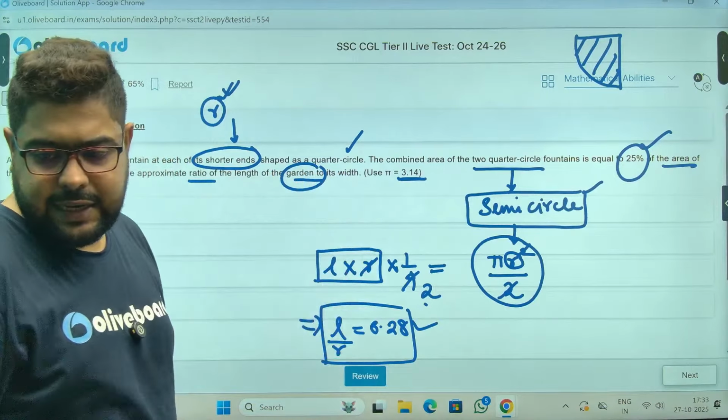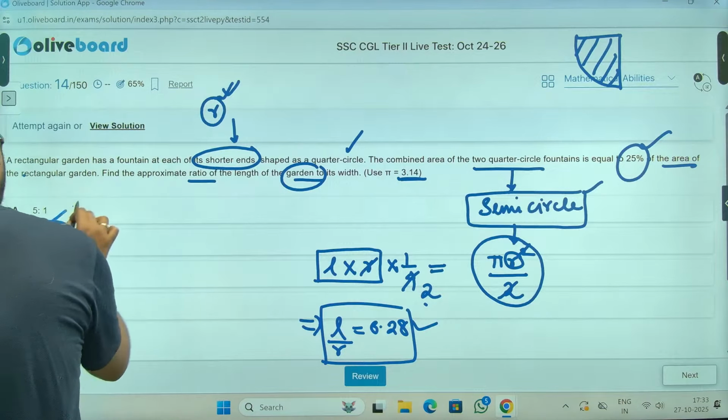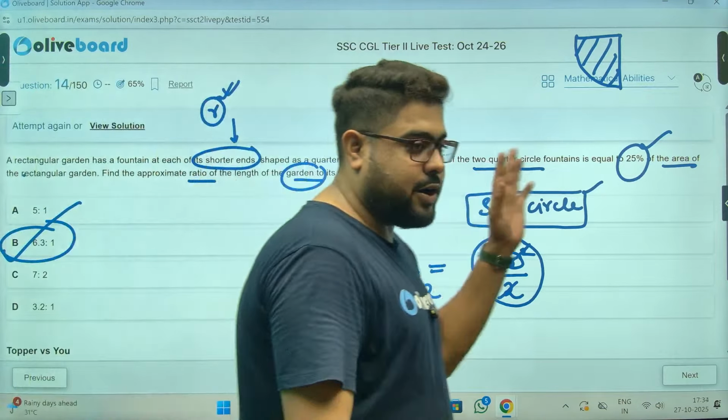Width means the radius I have taken. So it's 6.28. There is this option number B, and thank God they have given you the options like this, otherwise you would have to calculate. So 6.28 meaning 6.3. So that was good. Okay, next one, sir.